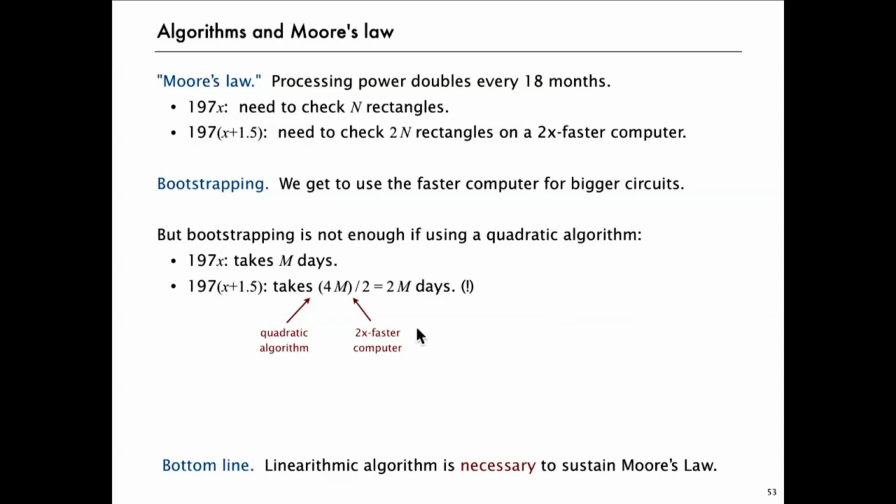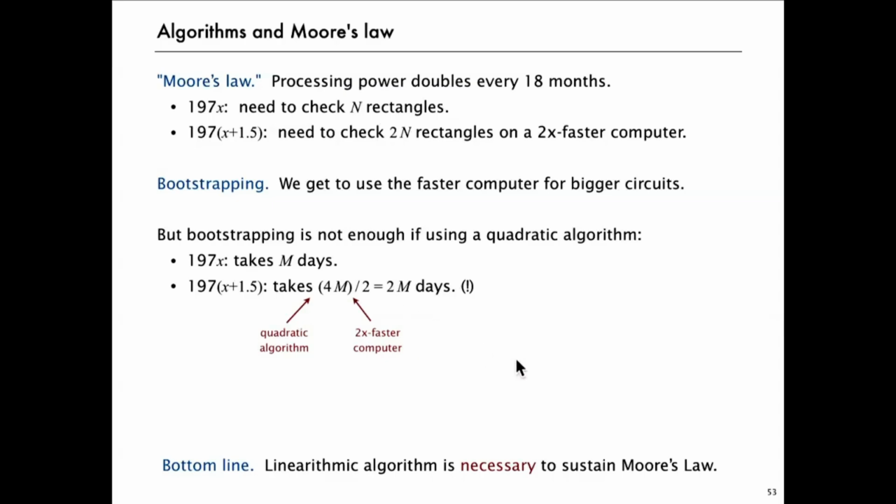If you're using a quadratic algorithm and it takes you m days to check your design rules, and people were running these things on the order of days, then for the next computer it would take 2m days. It would take twice as long. And so people that were using quadratic algorithms were definitely held back.